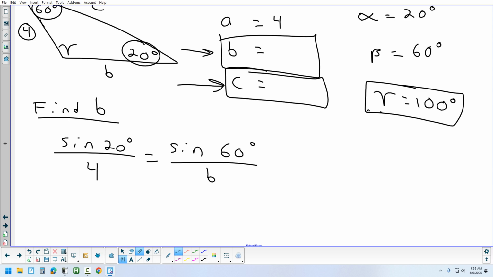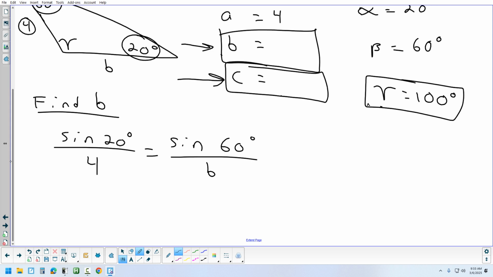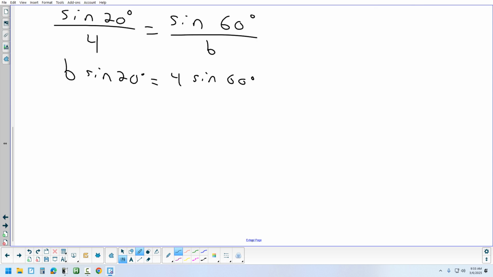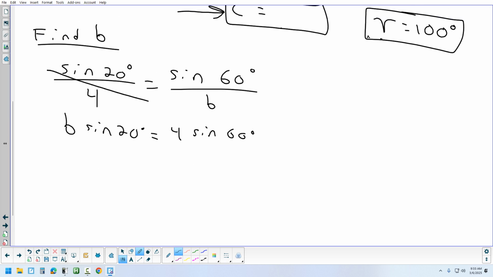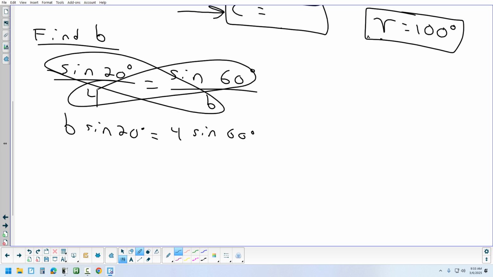So we're going to cross multiply. That's going to give you B sine 20 equals 4 sine 60. So that's from cross multiplying. And then what's your last step to get B by itself? Divide by sine 20.